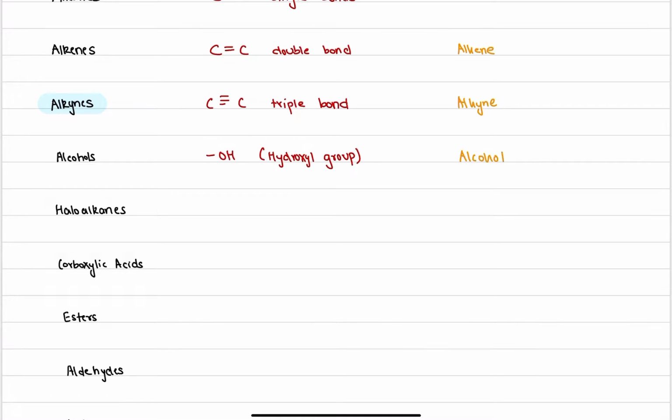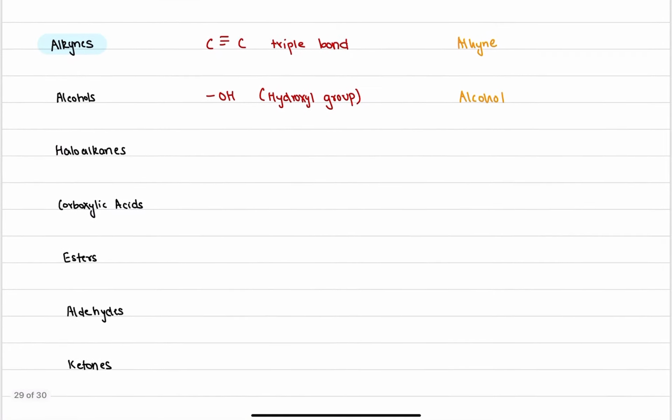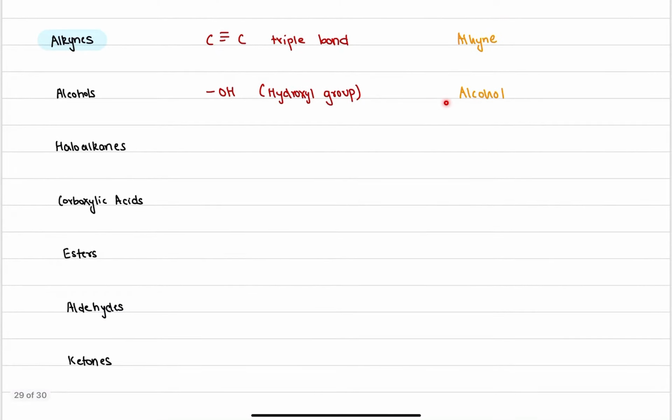Now, as we go along the course, you'll realize that we have primary, secondary, and tertiary alcohols. And so, whenever we are mentioning the functional group, we also mention if that alcohol is primary, secondary, or tertiary. For the people who are hearing this for the first time, you do not really need to worry about this, because it will be covered at one point or another. But for now, just remember that when naming the functional group, we simply say alcohol.